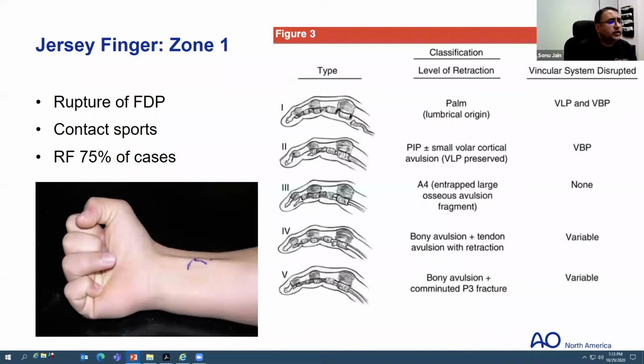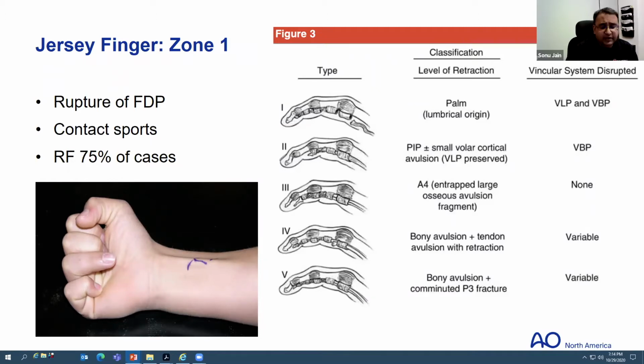Looking at zone 1, a very common injury is jersey finger, which is a rupture of the FDP tendon, typically seen with contact sports such as football or rugby. The ring finger is involved in about 75% of the cases. We have this classification here, which shows the different types of injuries.